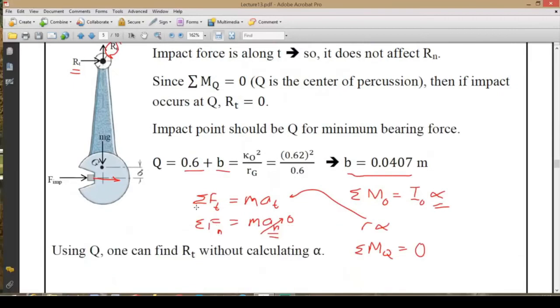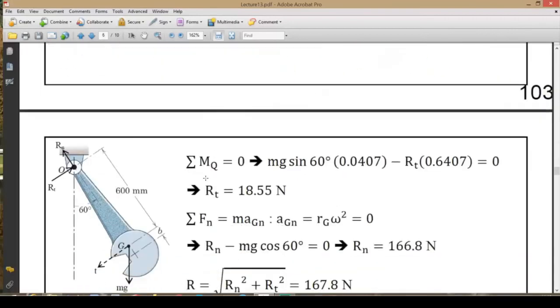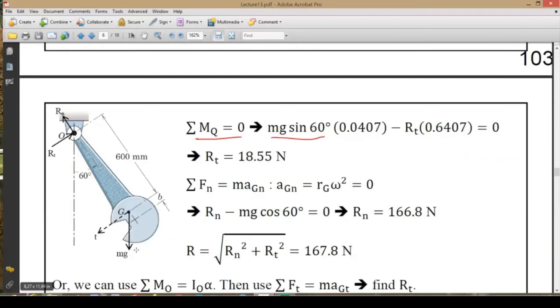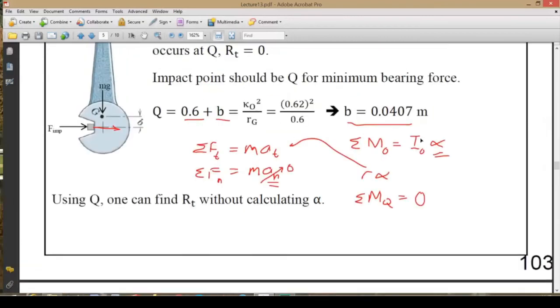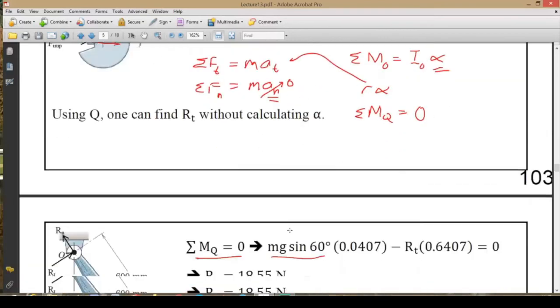Okay, so keeping that in mind, we can write that the summation of moments about Q is equal to 0. There we have this mg component, the sine component, mg sine 60 degrees, and the distance is to the center of percussion, which is the B we calculated over here, 0.0407.